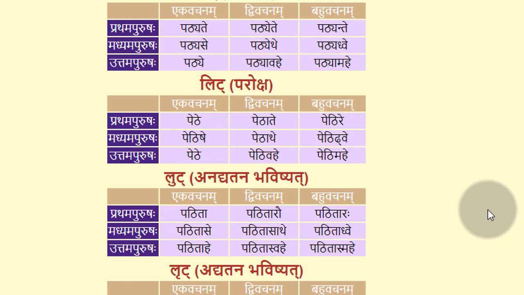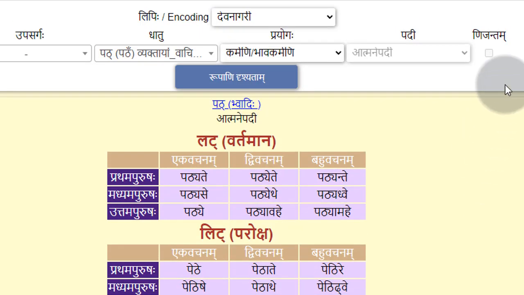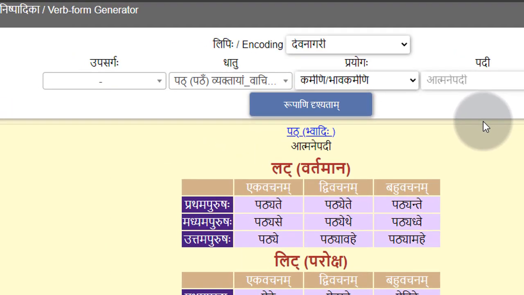Words are only two types. Suptinganta padam iti sutram. So subanta is noun, tinganta is a verb. So we can get verb form, nijanta form, kartari form, karmani form, atmanepadi, ubhayapadi, parasmaipadi, like that. All the forms we can see.